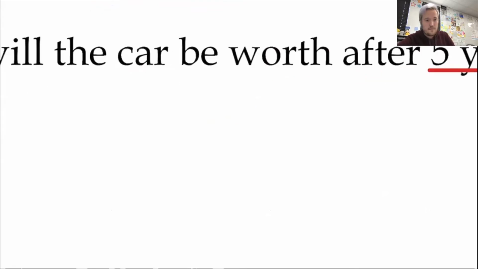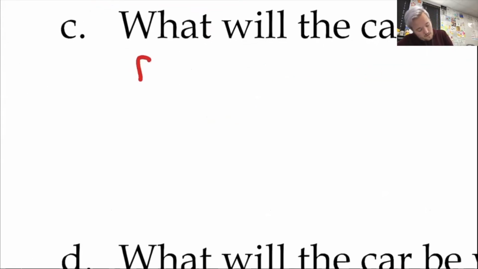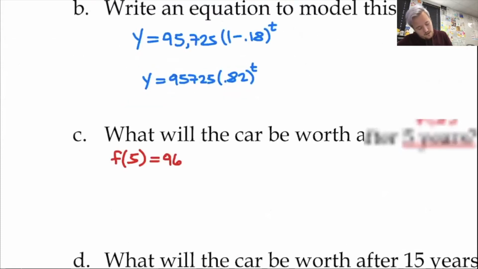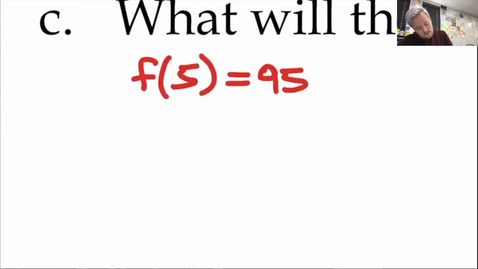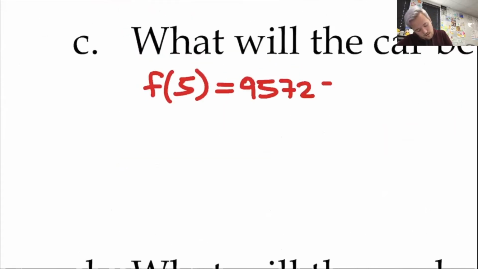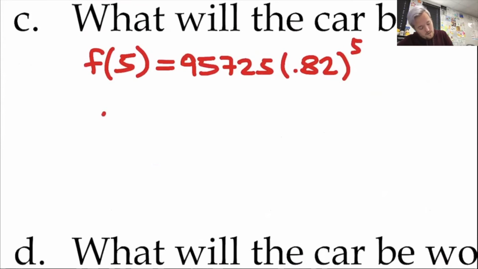So I'm going to plug in 5. So this is going to be 95,725 times 0.82 raised to the 5th power. After 5 years, I'm going to write out the full expansion first before I start doing any of the rounding.